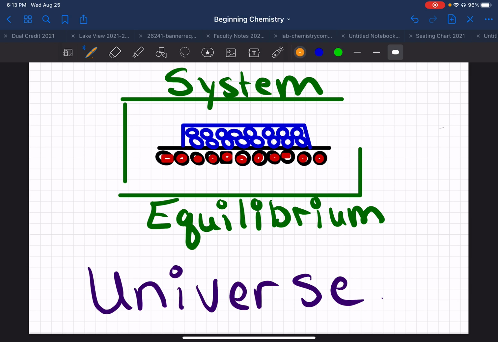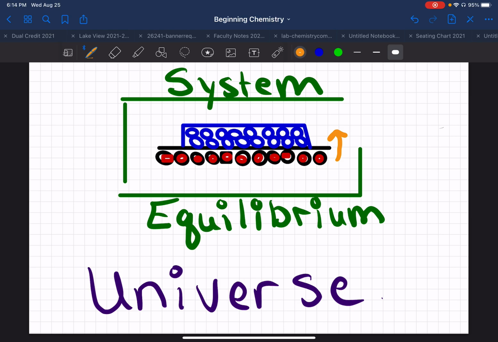Then I have my ice that's on top. It's also a solid, even though it is melting. And the ice is colder, so I distinguish that by putting it in blue. The table's warm, the ice is cold. We have a transfer of energy going from the table to the ice.